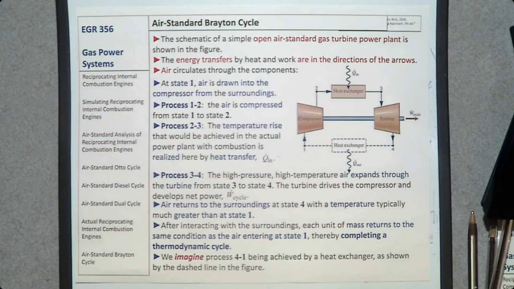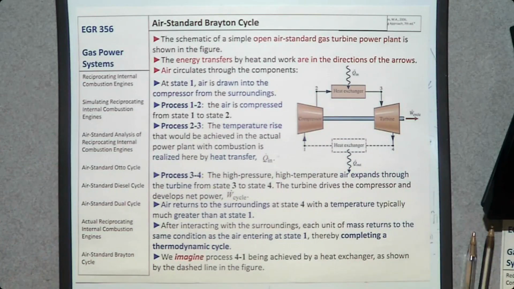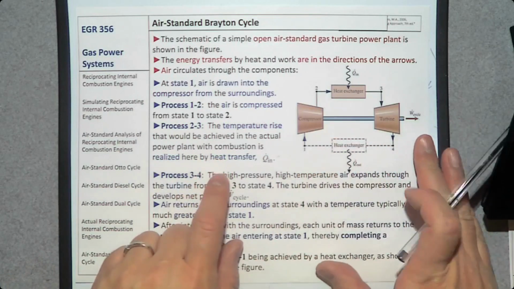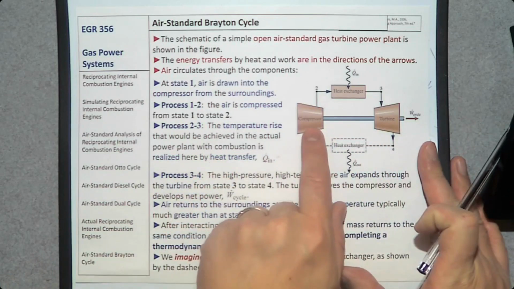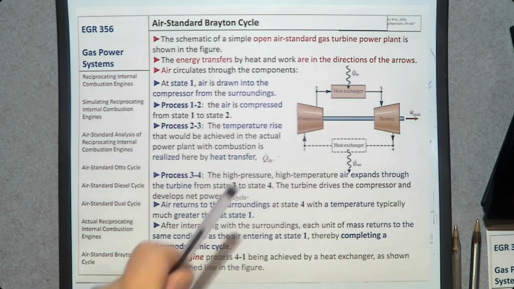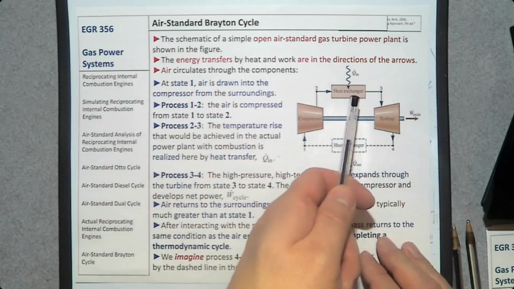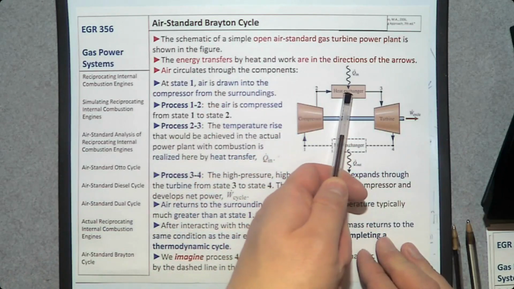So our assumption is that in this air standard, it is called Brayton cycle. In this air standard Brayton cycle, our assumption is that this compressor and turbine are working as isentropic compression and isentropic expansion, and this heat exchanger where heat is added is going to be a constant pressure heat exchanger.